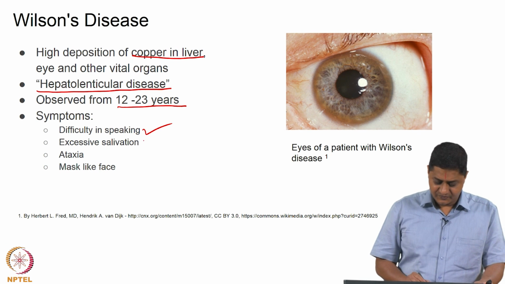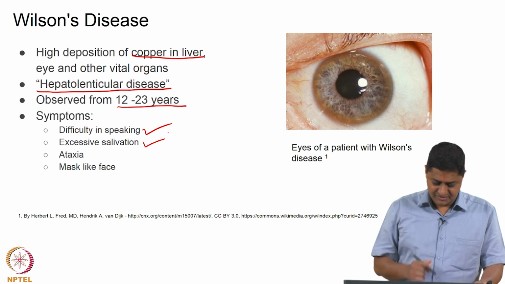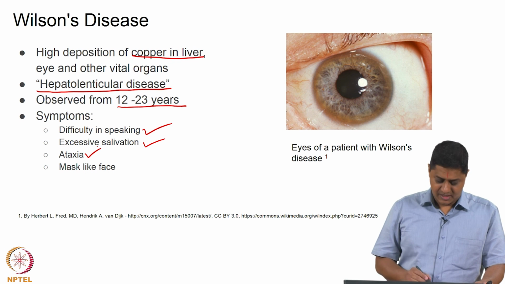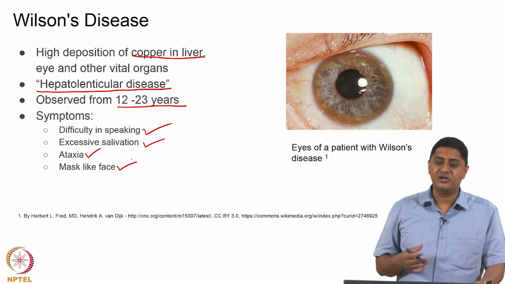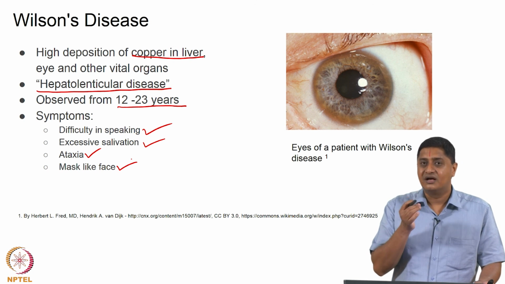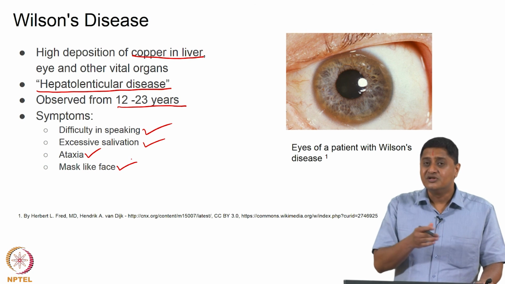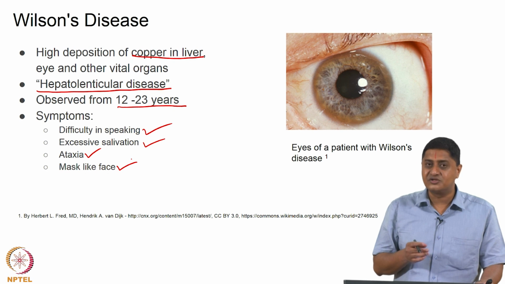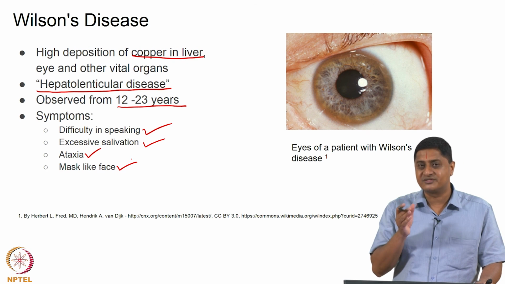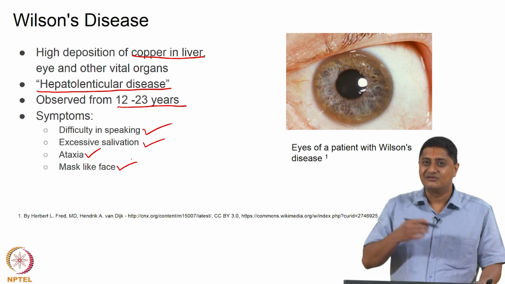Difficulty in speaking, excessive salivation, being unable to control salivation, ataxia, and unfortunately a mask like face. In other words, being unable to express an emotion through facial features. Facial expression of emotion is associated with movements of relatively small muscles, as I mentioned in the previous class. This disease leads to a situation where people are not able to move those muscles, and the person shows a face that resembles a mask, showing no emotion.